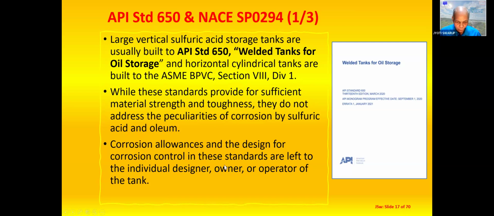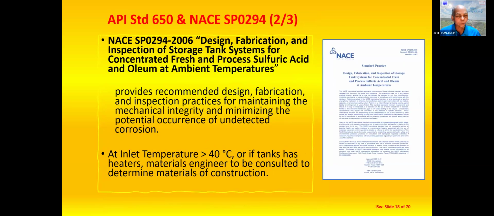Therefore, certain allowances in the design for corrosion control in these standards are left to the individual designer, owner or operator, and that is where we use the NACE SP0294 code, which is for design, fabrication, and inspection of storage tank systems for concentrated fresh and processed sulphuric acid and oleum at ambient temperature.